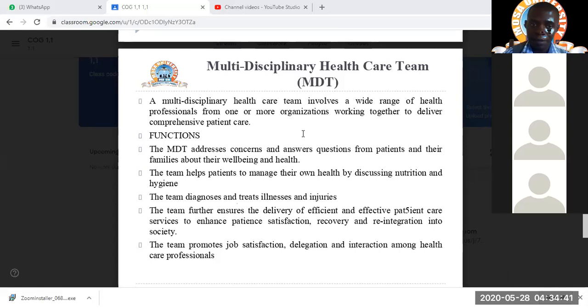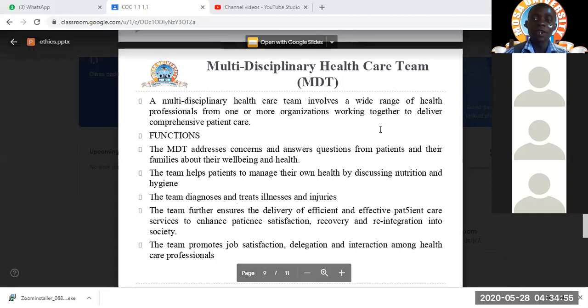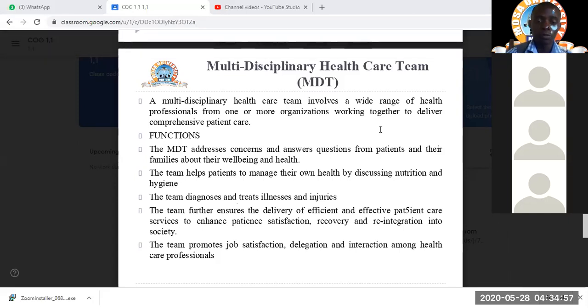I'll just take time to explain the functions of this team. These are people that belong to different health sectors, but they are all in the health profession. When these people come together and form a team, each of them has something different to do to contribute to the team. However, the ultimate goal of this team is to make sure that they diagnose and treat illnesses and injuries.